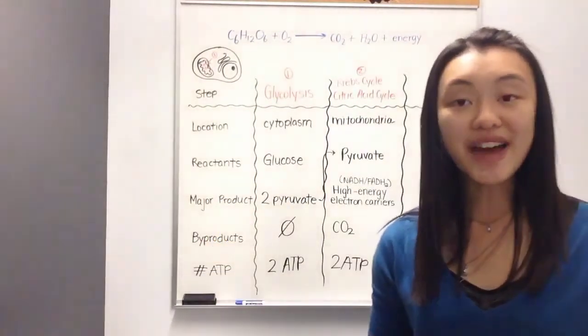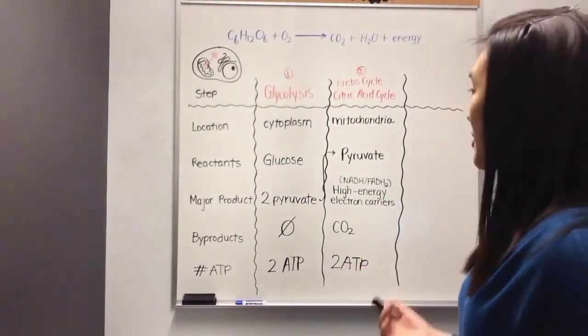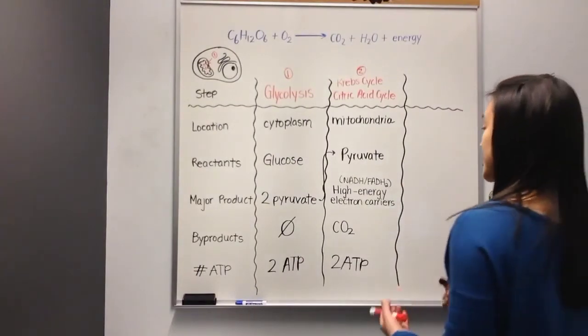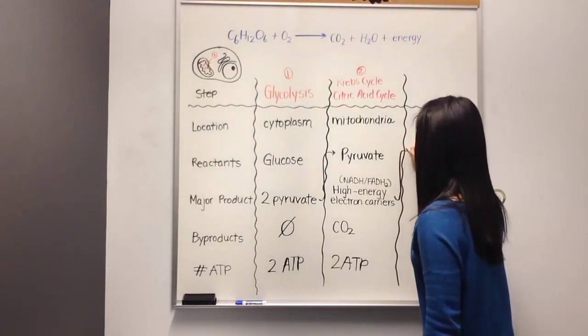The third and final step of cellular respiration continues in the mitochondria. We're still in the mitochondria, and this time we are going to use the high-energy electron carriers to produce our product.